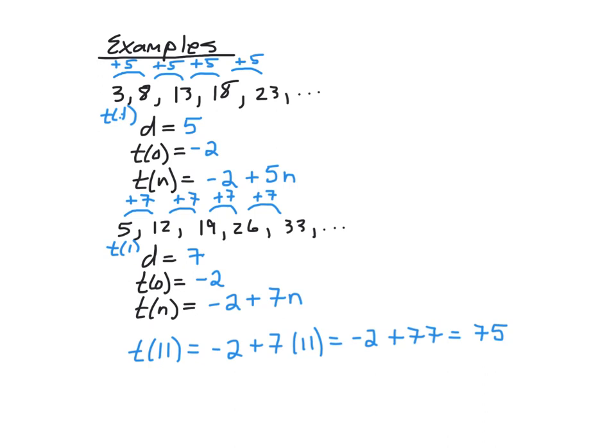And that's an arithmetic sequence: we're given a sequence, we find the common difference, we find T of 0, we write down the relationship, equation, formula, and then we can use that to calculate the value of any term in that particular sequence.